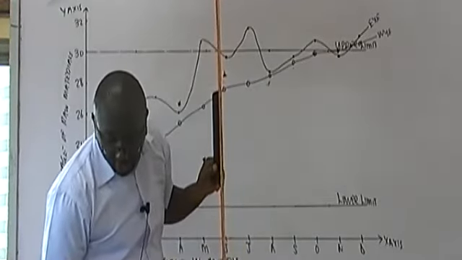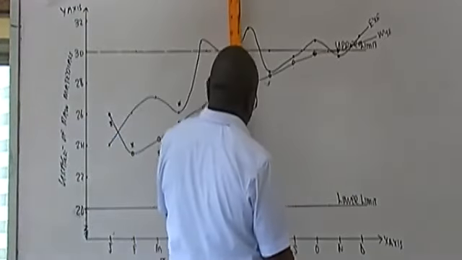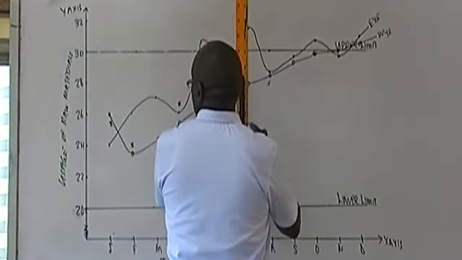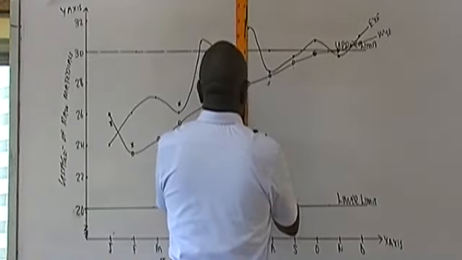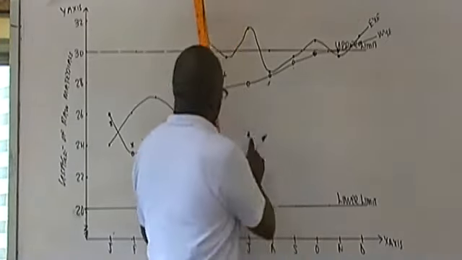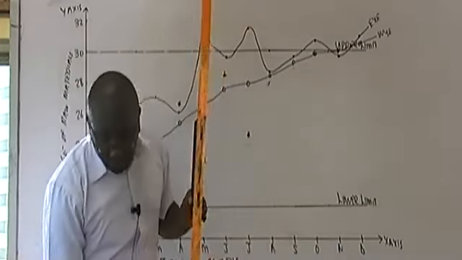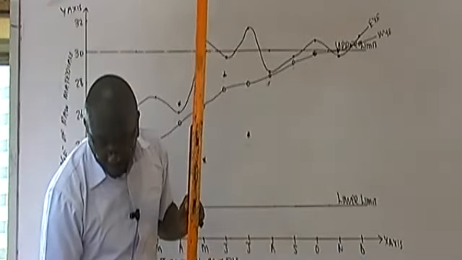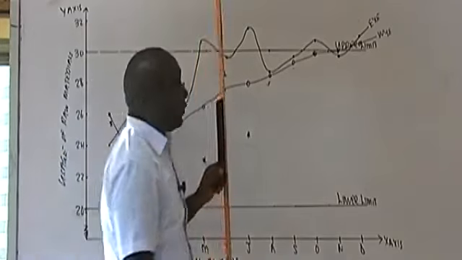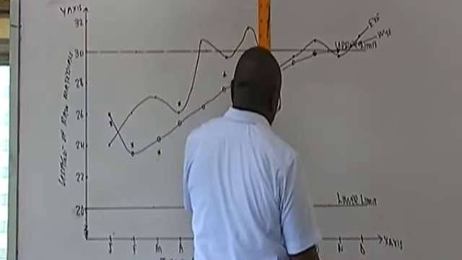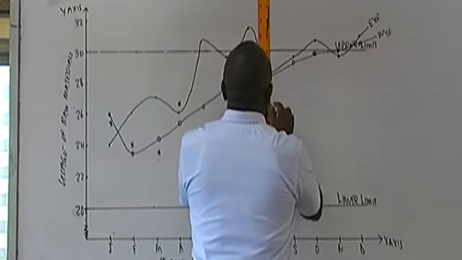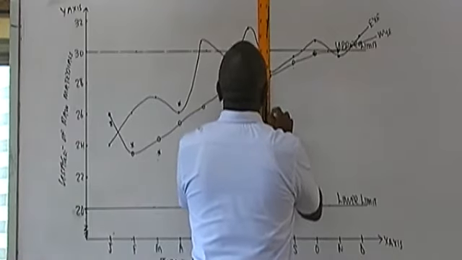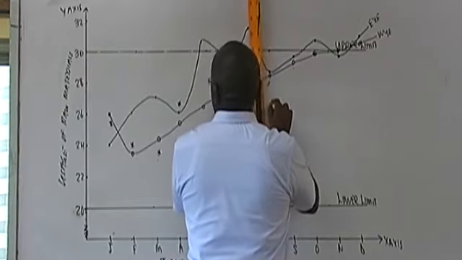Then 24,750. 24 is here. So 750 somewhere here. Then 26,500. 26 here. So 500 should be somewhere here.